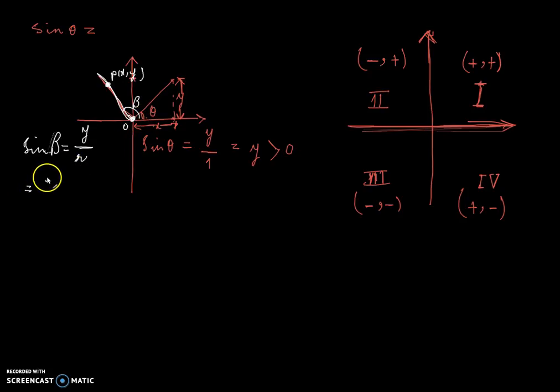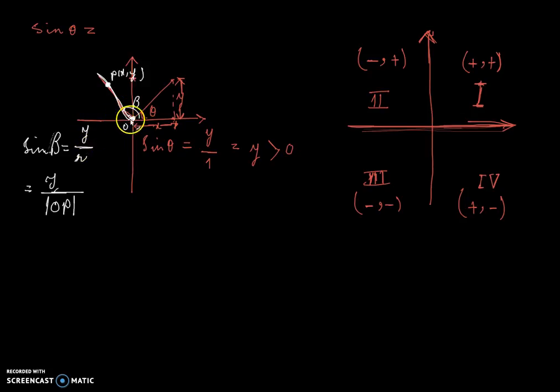So you could write this as y divided by the absolute value of OP. The absolute value of OP is r, the radius of the circle around this Cartesian coordinate system.